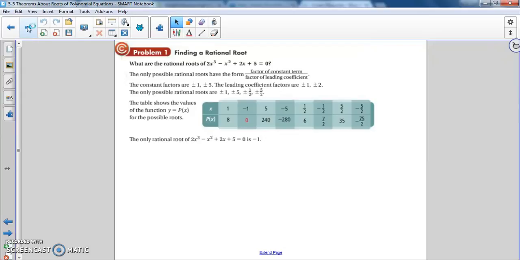So we plugged in 1 and negative 1, 5 and negative 5, 1/2 and negative 1/2, 5 halves and negative 5 halves, to see where our y value equals 0. And since we get a y value of 0 at x equals negative 1, the only rational root of 2x cubed minus x squared plus 2x plus 5 equals 0 is at negative 1.